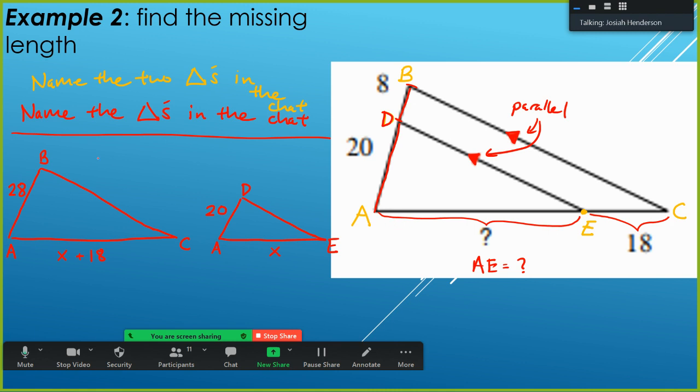So now we've got enough to find the scale factor to go from large to small or from small to large. And the truth is, we can pick which one we want to do. I think we're going to end up with a fraction either way. So let's just go from small to large.